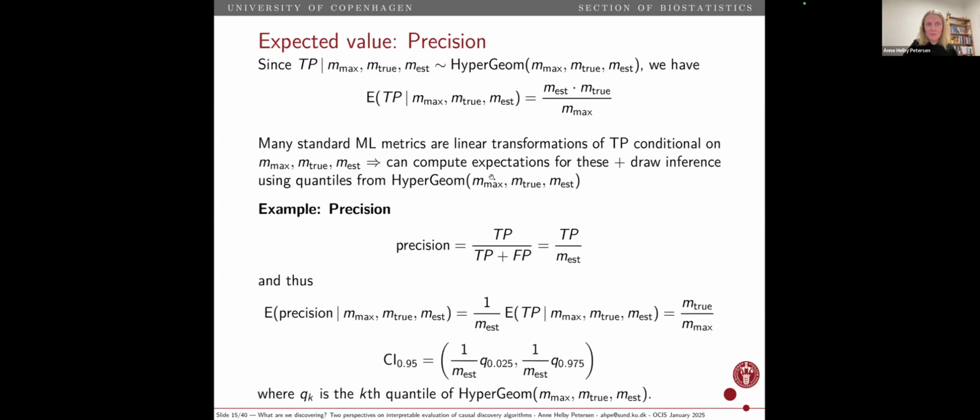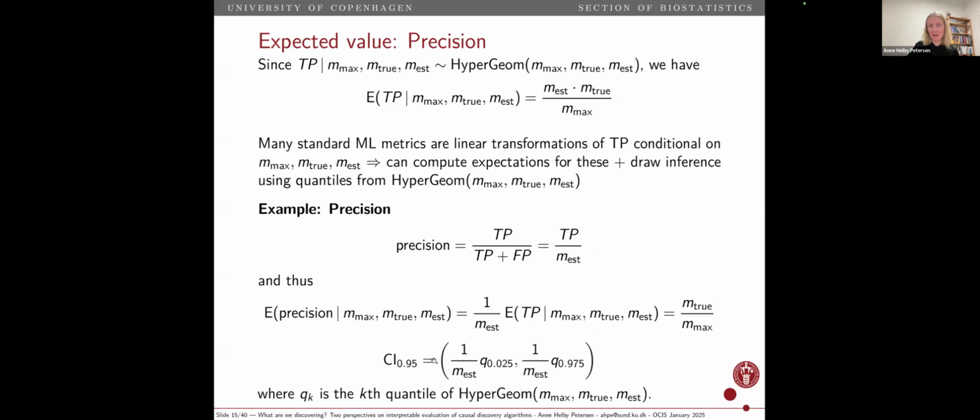So I have a small example with precision. Precision has this formula. That's just the standard definition. We can rewrite that as the number of true positives divided by the total number of estimated edges. Using that and inserting the mean up here, we get a closed formula for what the expected precision is if you're just doing random guessing.